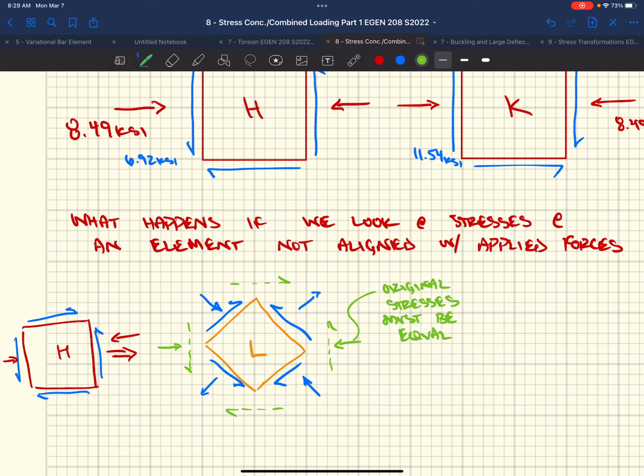But we just started looking at different components of them. Because overall, the free body diagram doesn't change. It's always the same, okay? But what we're doing is now we're just moving the orientation and looking at planes that are perpendicular at a given angle. Maybe this was 45 degrees or something like that.